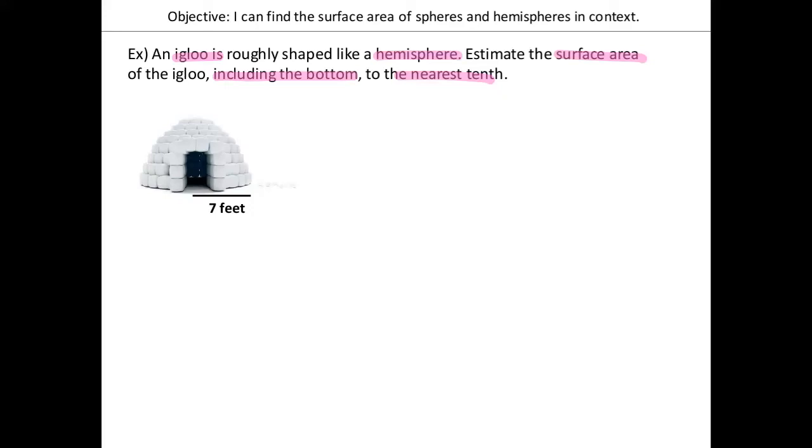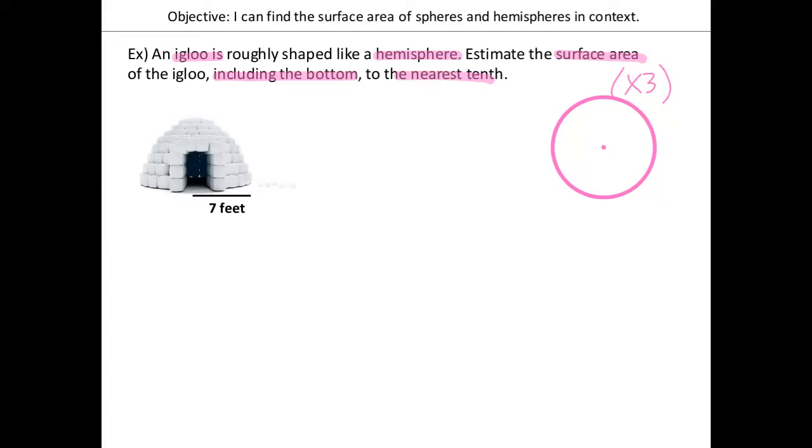But a hemisphere, again, is half of a sphere. But then I have to include the bottom. So because I am including the bottom, this is really going to be 3 circles. Okay, hemisphere is equivalent to calculating 3 areas, the area of 3 circles.